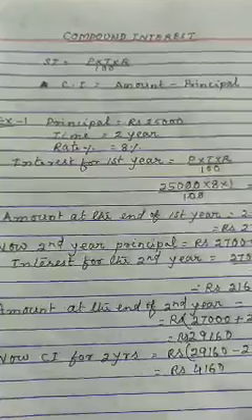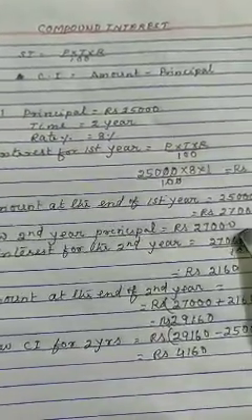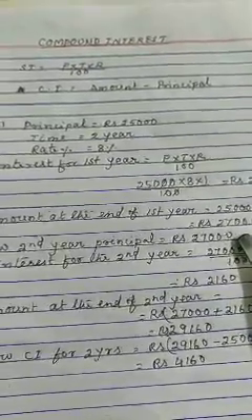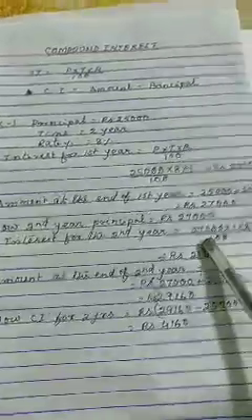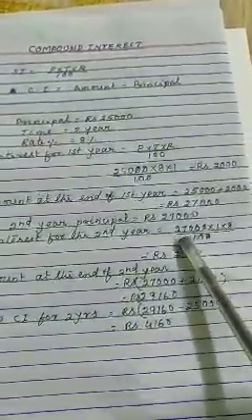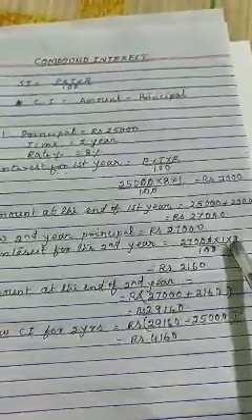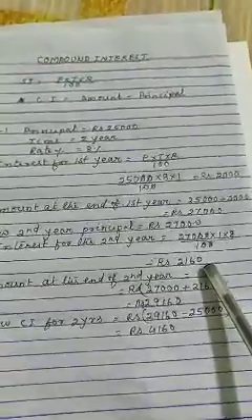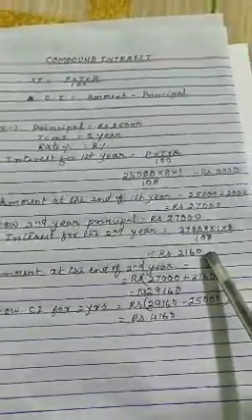Now this amount will be the second year's principal, that is 27,000. Now the interest for the second year is calculated with the previous formula, PTR by 100. That will be 27,000 into 1 into 8 by 100. We are getting the interest equal to 2,160.